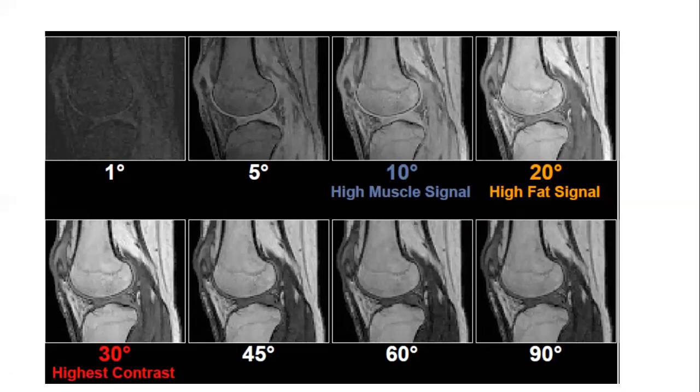So the flip angle is used to discriminate between contrast. It is used to help modify contrast between tissues. So a very good understanding of that will be key to being able to diagnose any pathology between fat and muscle.